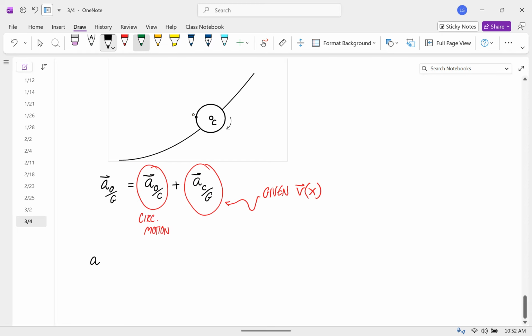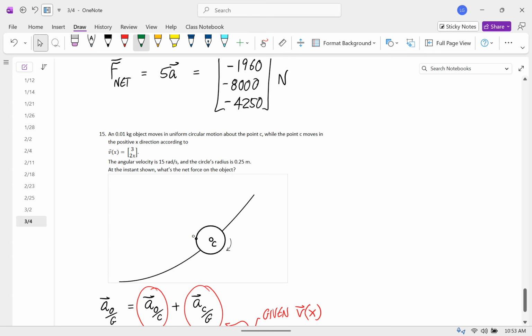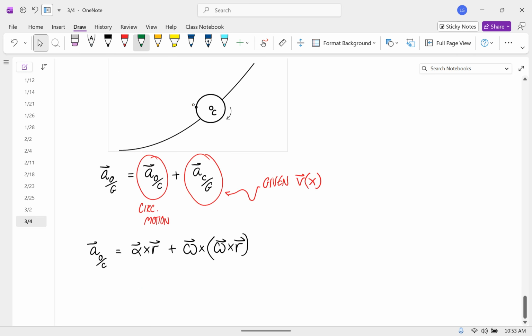The acceleration of the point O relative to C is alpha cross r plus omega cross quantity omega cross r. And it's uniform circular motion, so the alpha part goes away.